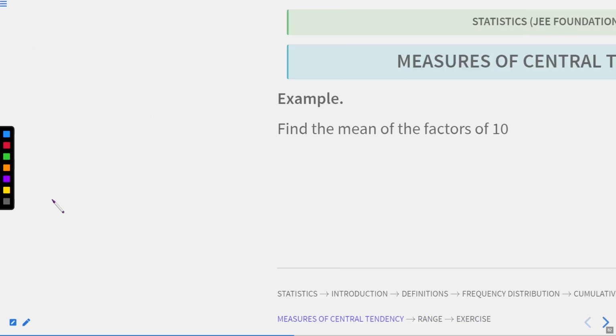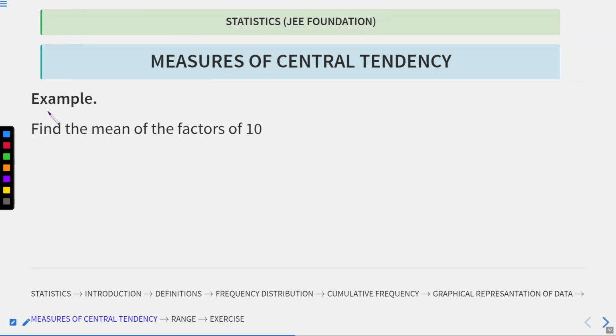So let's move next. Now let's see an example and try to understand the concept better. Find out the mean of the factors of 10. First of all, the factors of 10 are those numbers which divide 10 completely. So 1 divides 10, 2 divides 10, 5 divides 10, and 10 itself divides 10 completely.